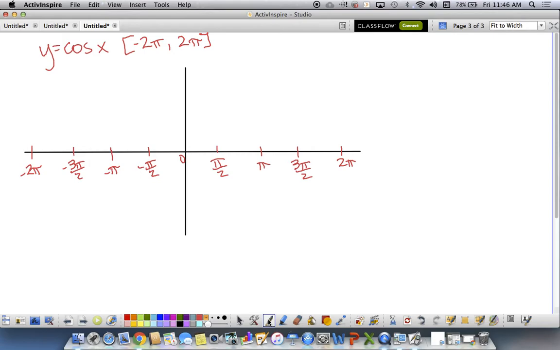Okay? Cosine starts up at 1, and it goes down to negative 1, goes up, and goes back up. I need to probably put my negative 1 down there. And it's going backwards the same. This is your y equals cosine x, okay?